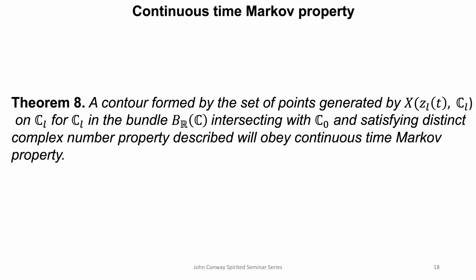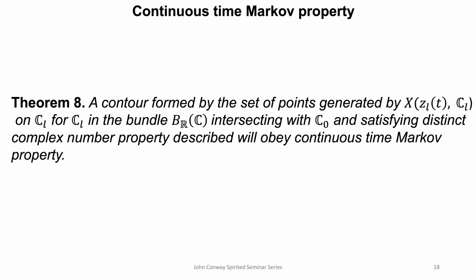Now I'm going to define again C0 intersection CL. Now the Markov property: a contour formed by the set of points generated by X of ZLT, CL on the CL, within the bundle intersecting C0 and satisfying the distinct complex number property. Distinct complex number means that based on the initial value the random variable picks, the disk is found with a specific radius.